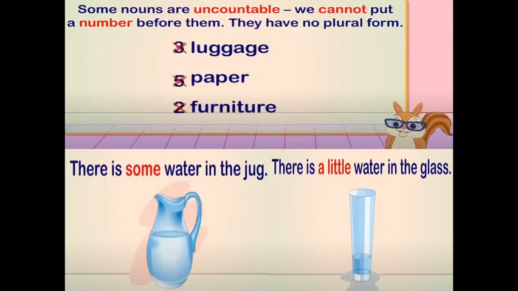For example, here we can tell the quantity of water in the jug and in the glass by the words some and little. So it can be told in the form of measurement, but we cannot count it. That is called an uncountable noun.